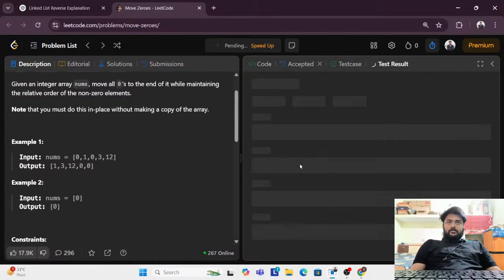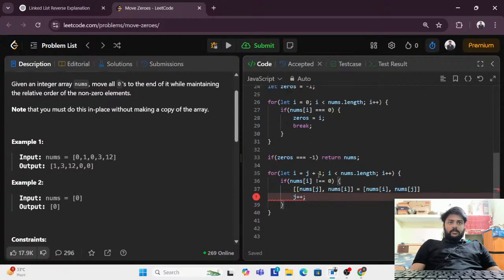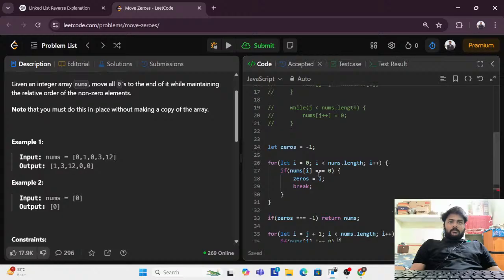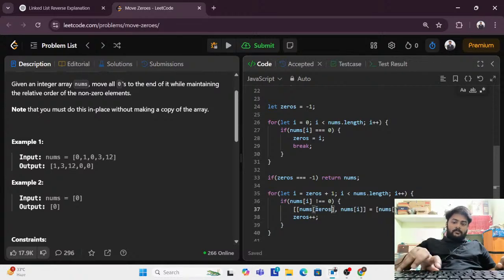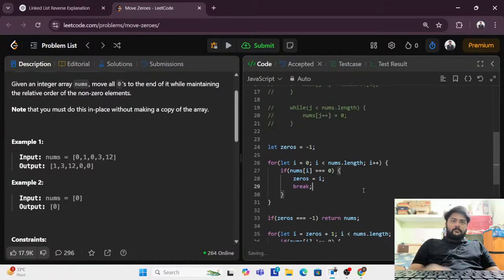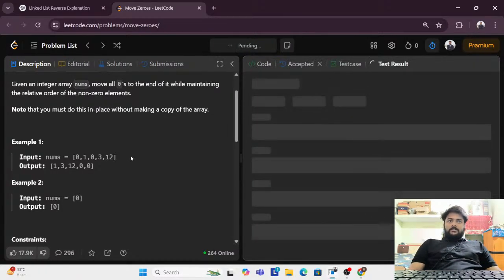Let's see if it is working. Okay, unexpected identifier. What does this mean? Oh, okay, so it was basically j, not 0. I hope I'm not using it anywhere else, but I think it should work.